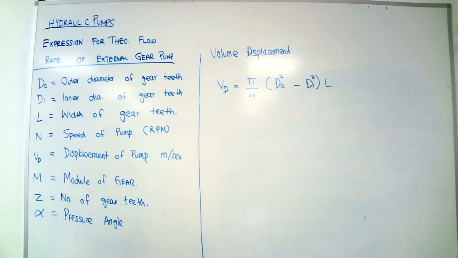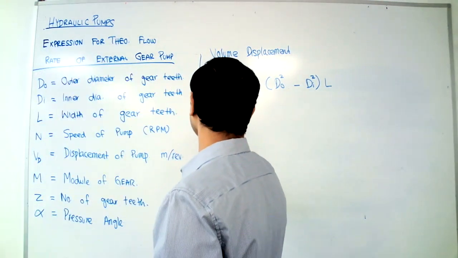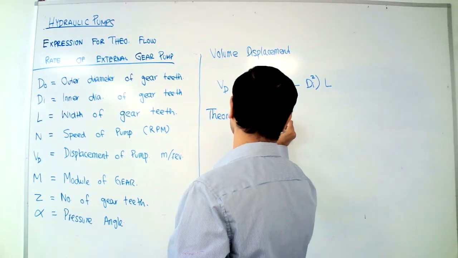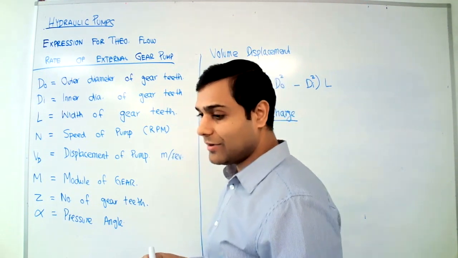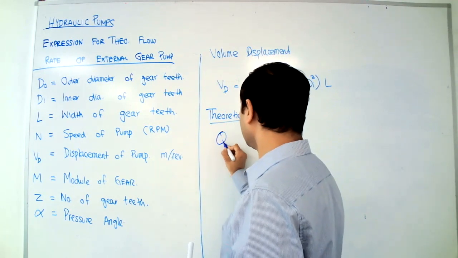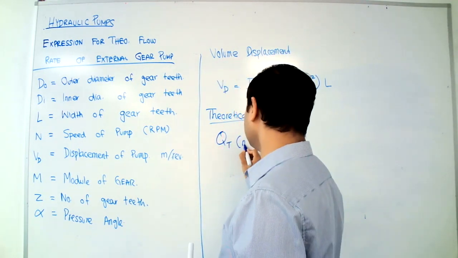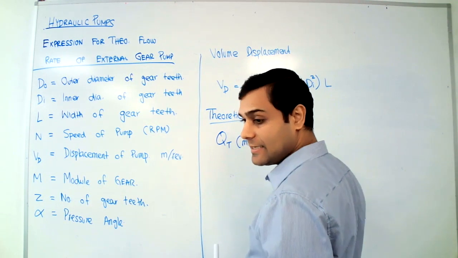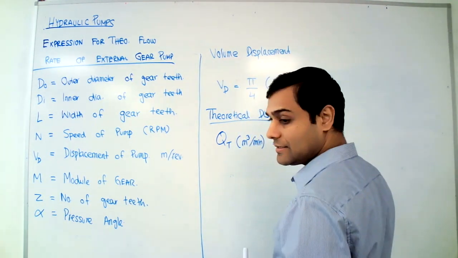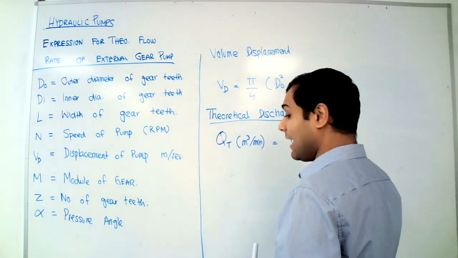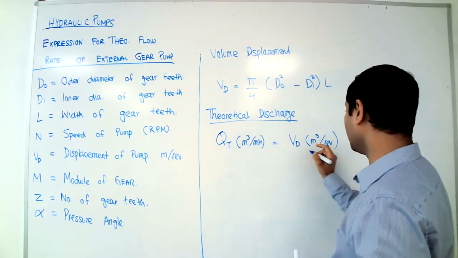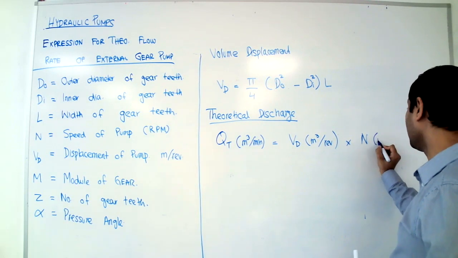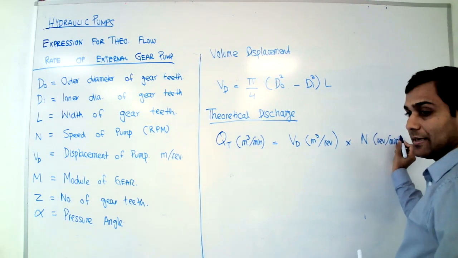Now, if you want to find out the theoretical discharge, QT, and the units are, let's say, meter cube per minute, it's given by this formula: Vd, which is meter cube per rev, multiplied by n, how many revolutions per minute, and the unit for this is revolution per minute.